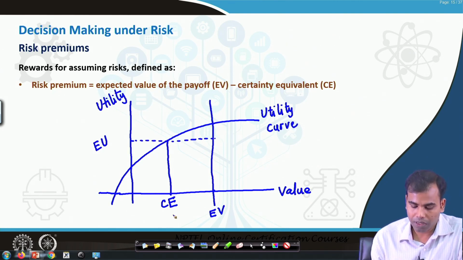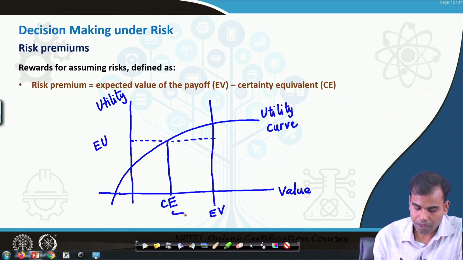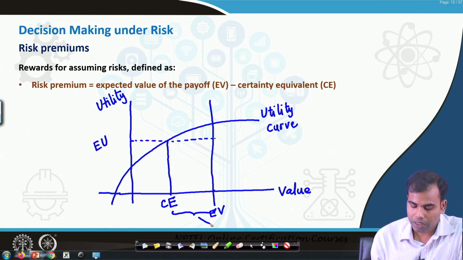The distance from the certainty equivalent to the expected value is essentially the risk premium that is being paid off.